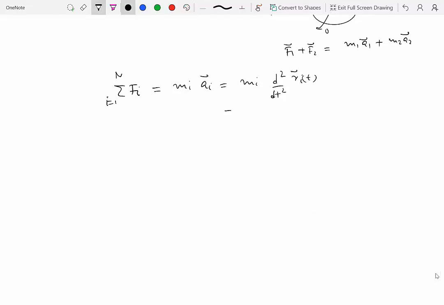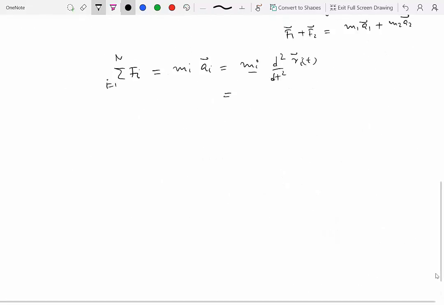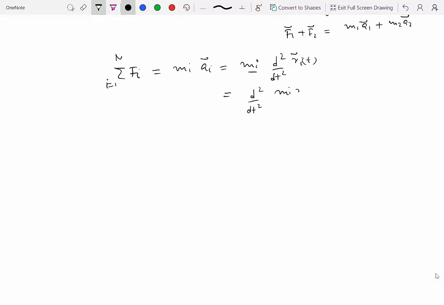If the mass is not changing, that means it's a closed system, the particles are not coming in or leaving, then the mass is constant, and I can write this as d2 over dt2 of mi ri, and this is a summation.